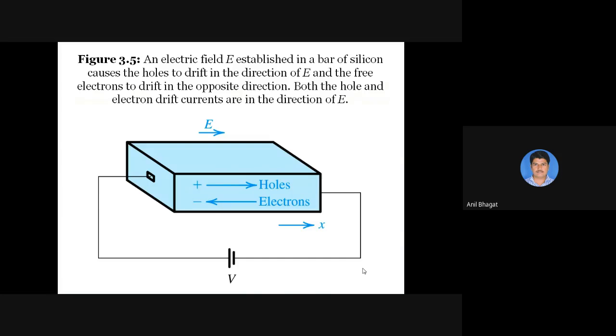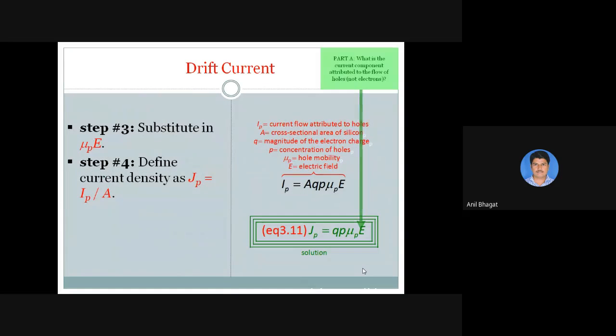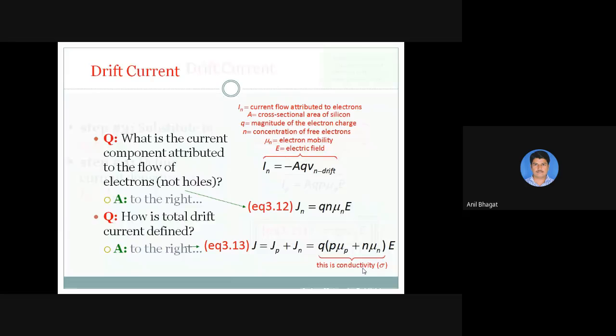Second formula: IP, in terms of the charge, the cross-sectional area, and the concentration of holes, by putting in VP. And JP is nothing but IP by A, so JP is equal to this formula.